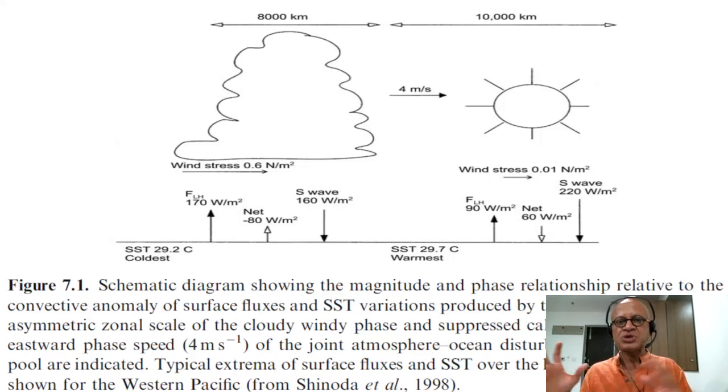These are moving features with certain spatial scales, and sea surface temperature scales are a couple of orders of magnitude smaller than the atmospheric scales, let's say in the case of MJOs. The heat flux measurements are always problematic, and you need the mixed layer depths, vertical temperature gradients, the barrier layer, and so on and so forth.